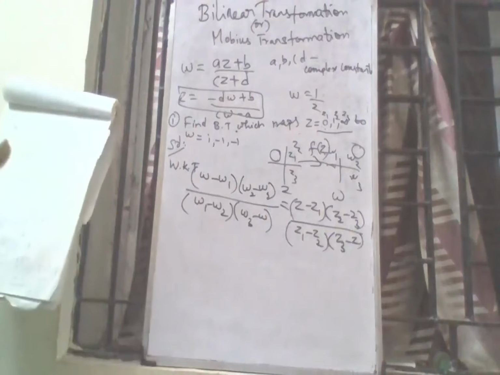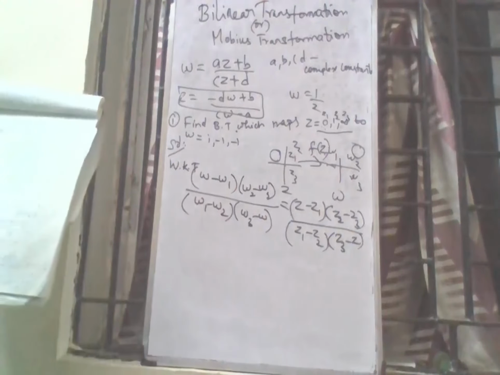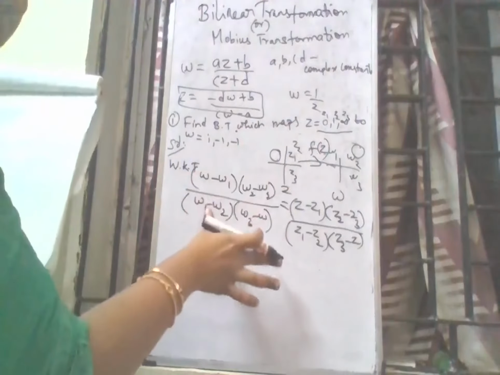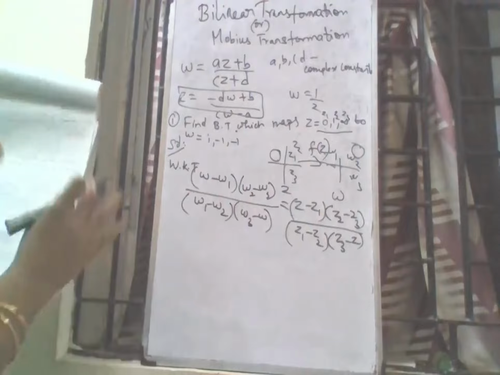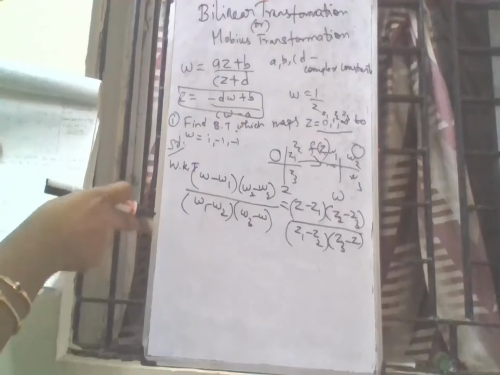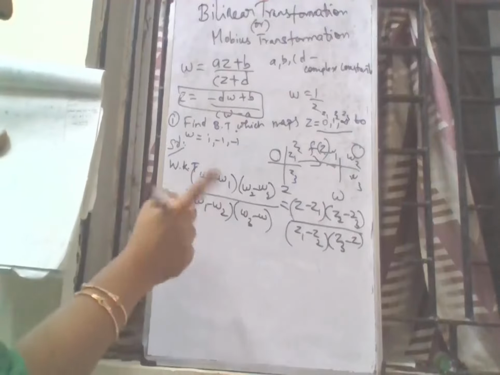This is the property of bilinear transformation. For finding this f of Z, I have to apply this, always remember. It is mere substitution, nothing more, but just keep on watching how I'm solving. Straight away, you should not substitute.